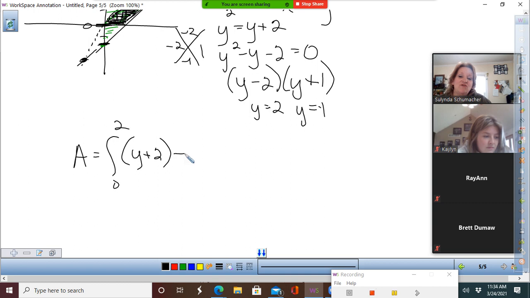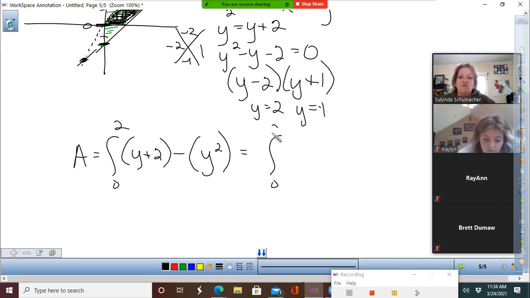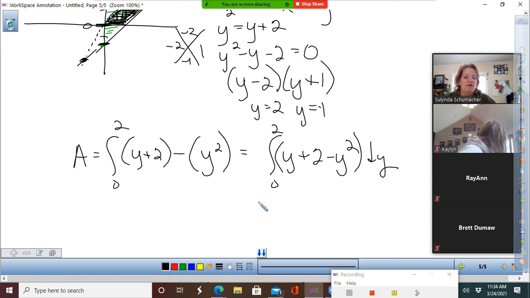And we subtract the other one, which was the curve, which was y squared. So this is the integral from 0 to 2. Distributing my negative, I get y plus 2 minus y squared. Does it matter what order I have my terms in? It doesn't, right? Because now we're going to do the antiderivative of that.